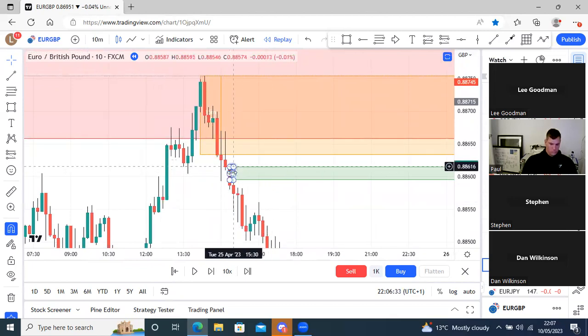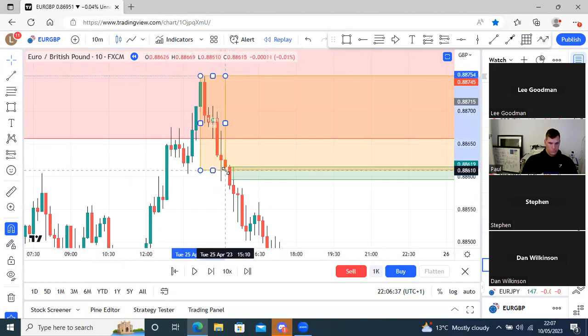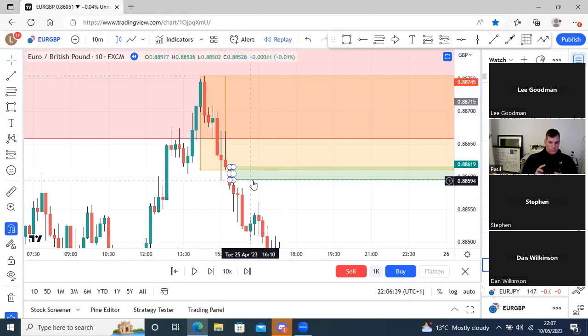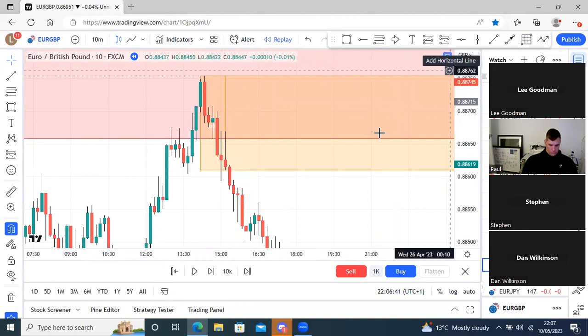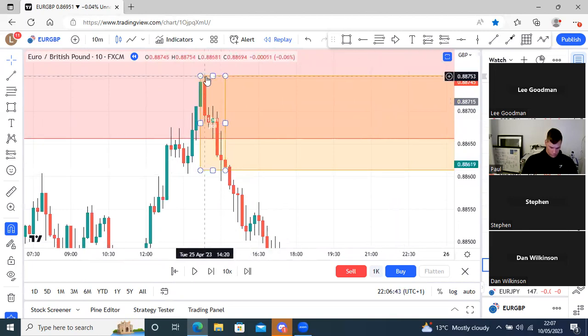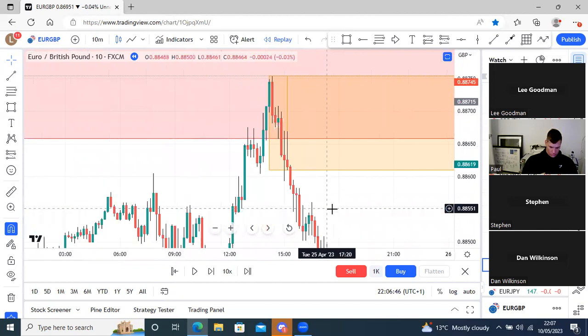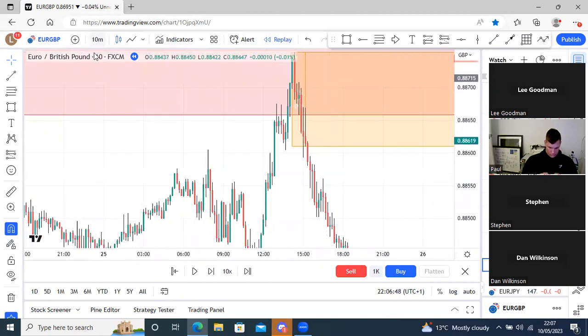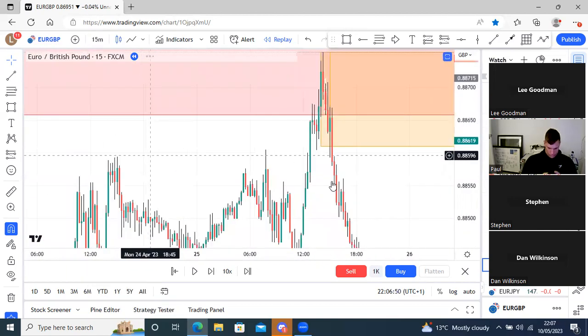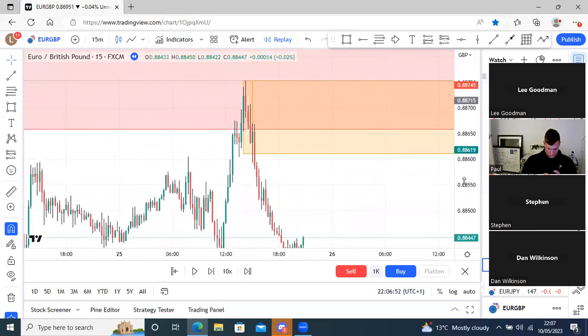Yeah, it just looks a bit bad. So I'd have maybe gone to this one here on the 15. So first point of imbalance with high. But like I say, I only drop to the 10 if it's messy.